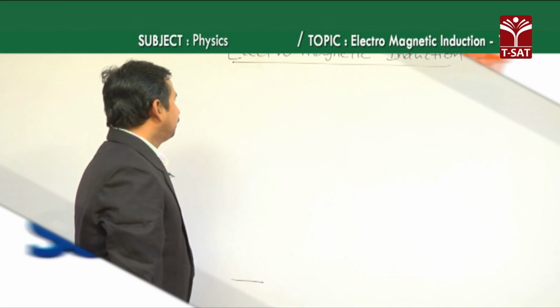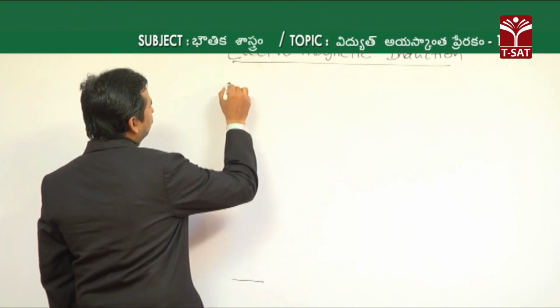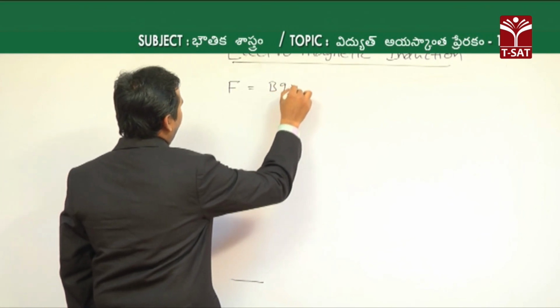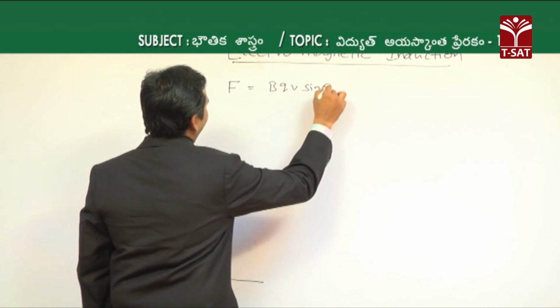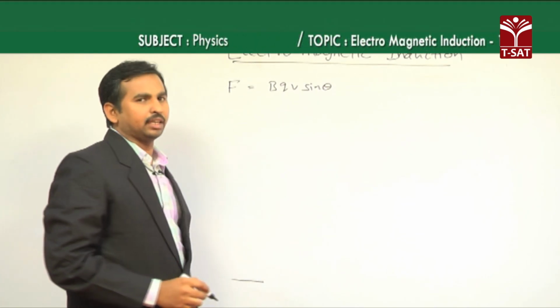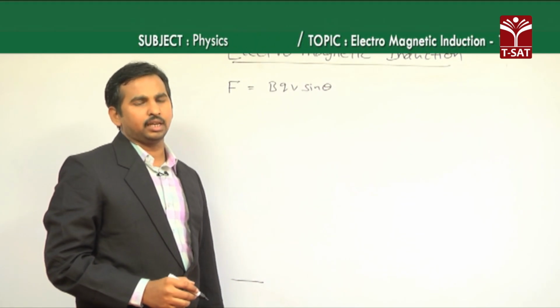So finally we got a formula to find the force acting on a charge: F is equal to BQV sin theta, which is for the general case, where theta is the angle between the magnetic field strength and the velocity.